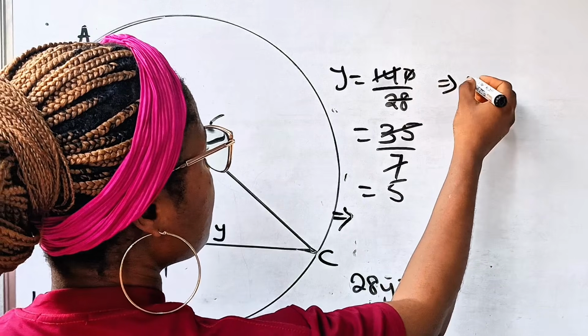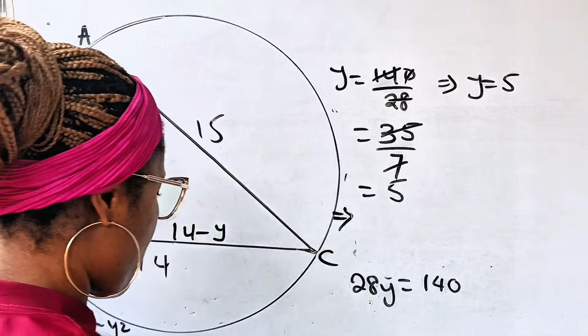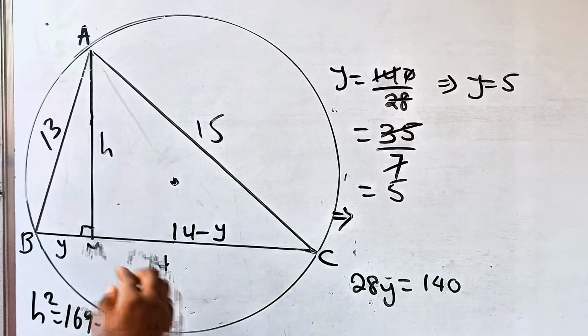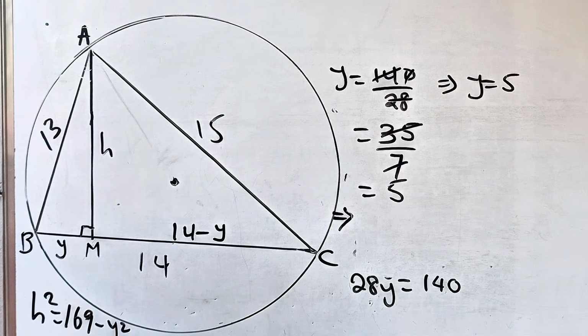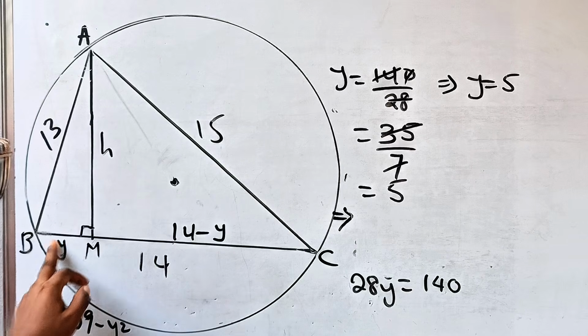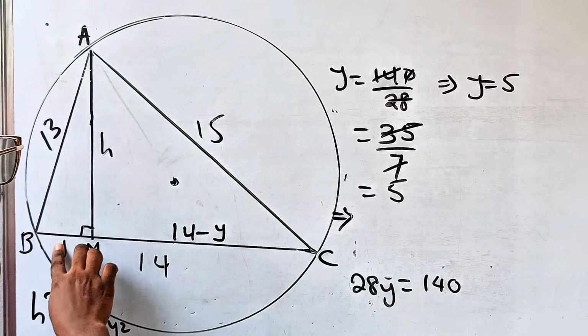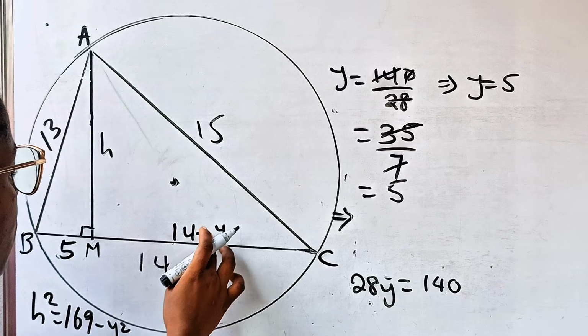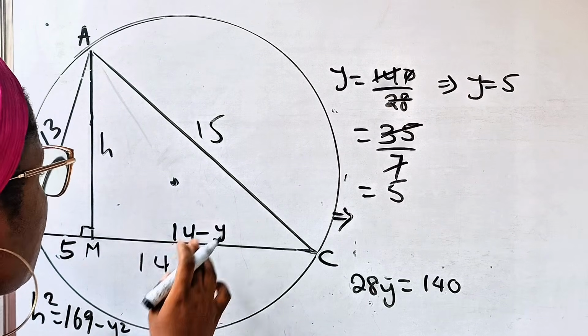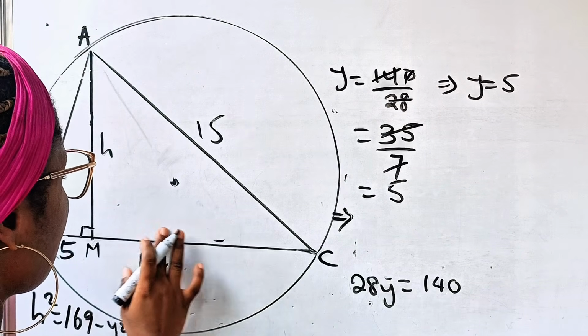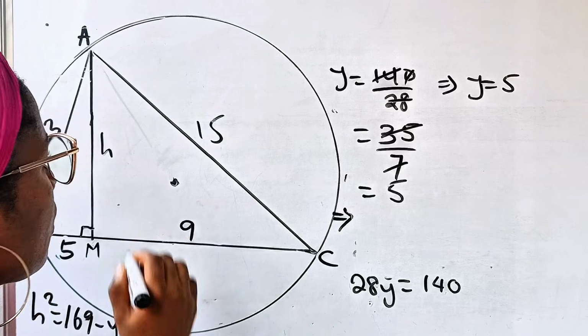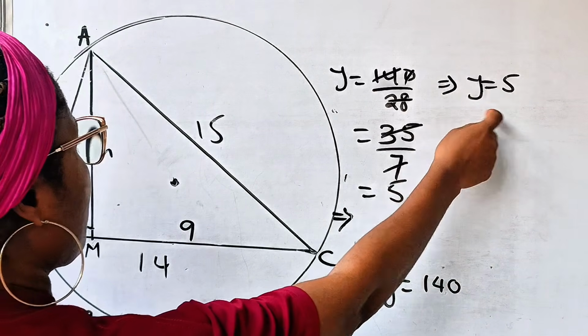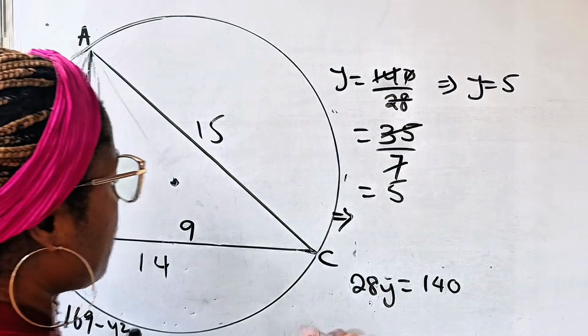So this implies that y is equal to 5. So we are going to replace this with y equals 5. That means this place is 14 minus 5, which is 9. So our y is equal to 5.